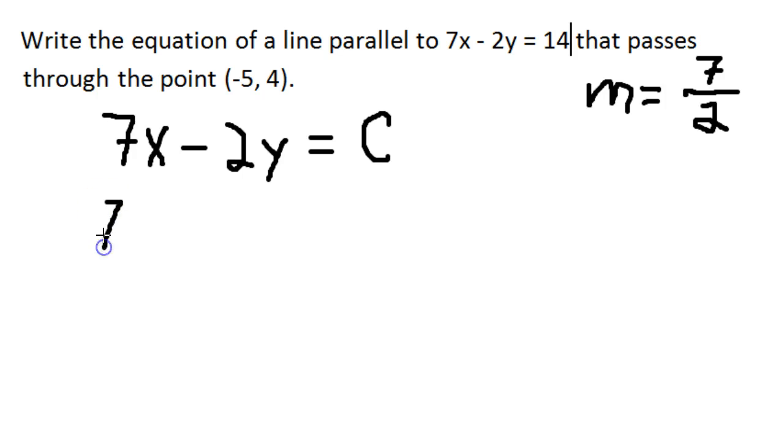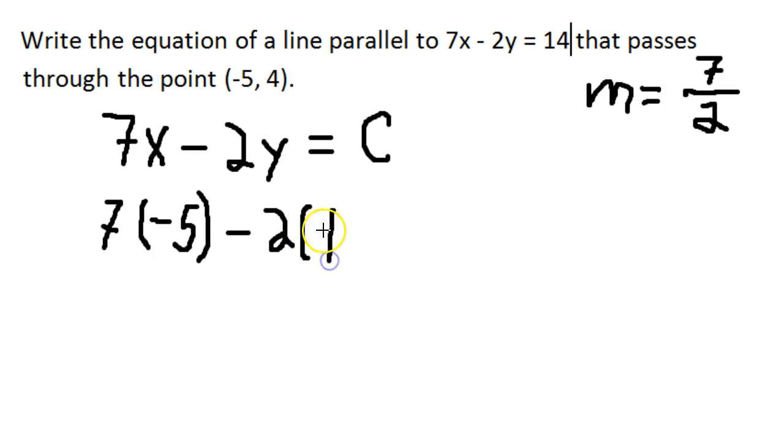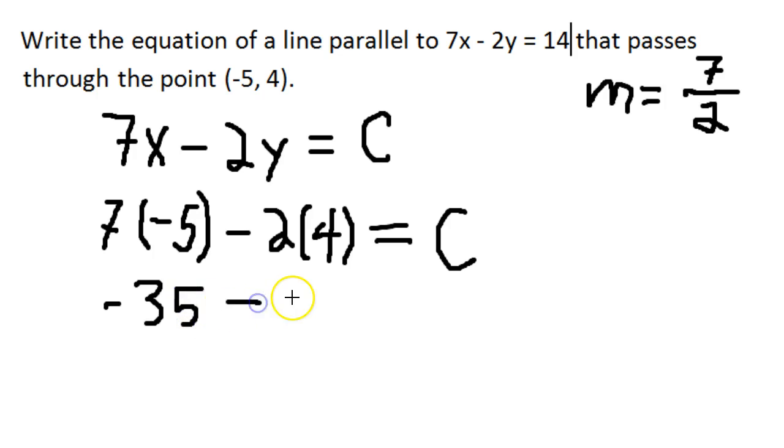So we have 7 multiplied by -5 minus 2 times 4 is equal to c. Now 7 times -5 is -35. And then we have minus 2 times 4, which is 8. Let me redraw that 8. That's better.